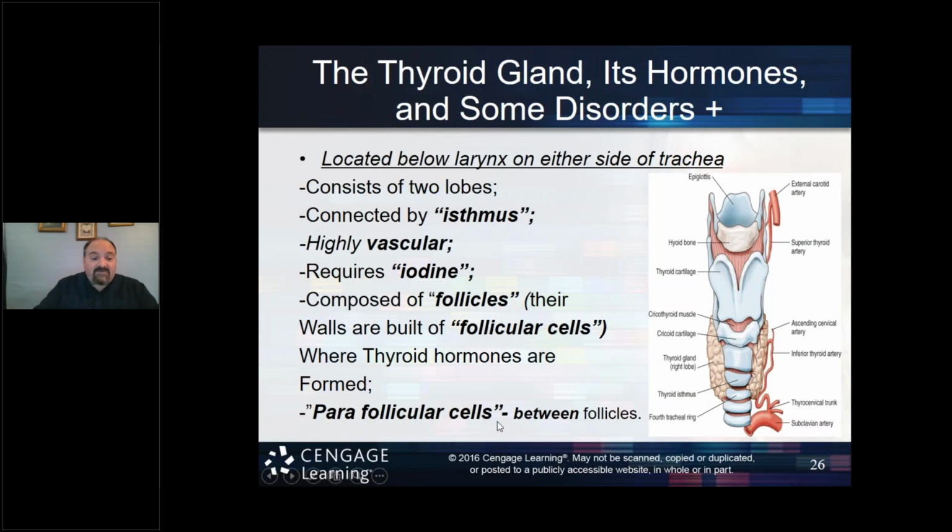And then these parafollicular cells between the follicles, I've pointed them out to you, and knowing that they're producing calcitonin, which has an opposite effect of the parathyroid hormone that is being produced, which we'll talk about in a moment there.